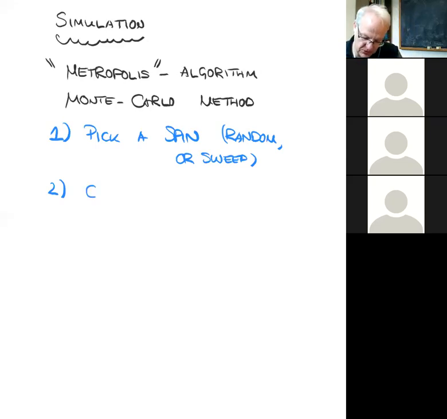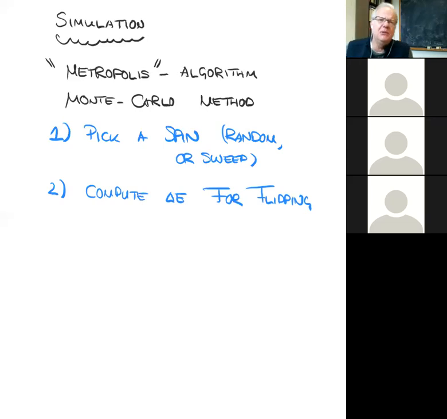So you compute the change in energy for flipping that spin. And you should remember that that's a very cheap calculation, because every single spin contributes to the total energy only through the interaction with its neighbors. In a two-dimensional lattice, if you're looking at a spin i, it has only 4 neighbors.